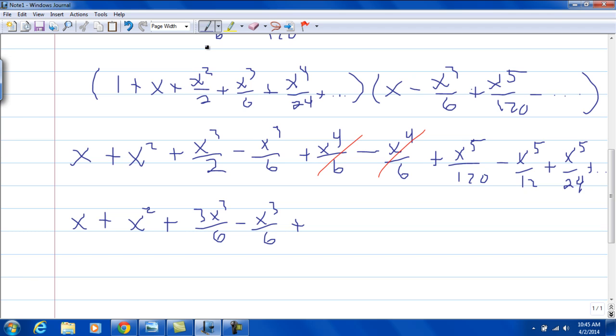And then we have x to the fifth over 120 minus, and the common denominator here is going to be 120. That's going to be 10x to the fifth over 120. And then multiplying by 5, we're going to have plus 5x to the fifth over 120.